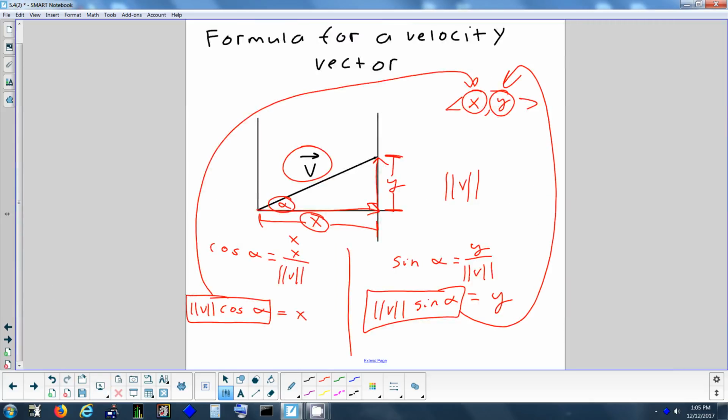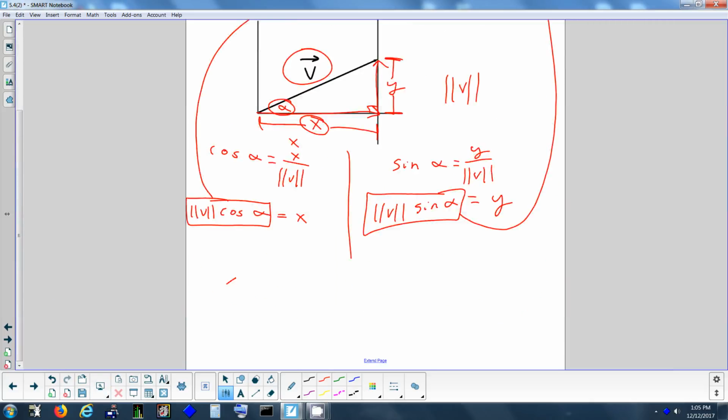So there's two ways you can write a velocity vector. You can write it with the angle brackets, and it would look just like this. Magnitude of v, cosine of your angle, comma, magnitude of v, sine of your angle. That's one way.